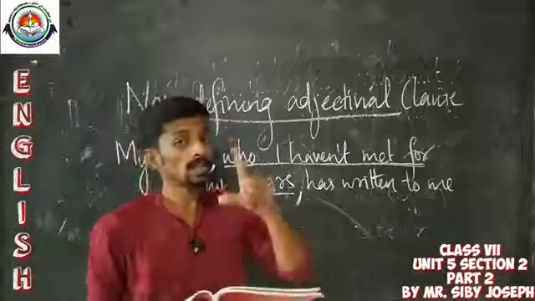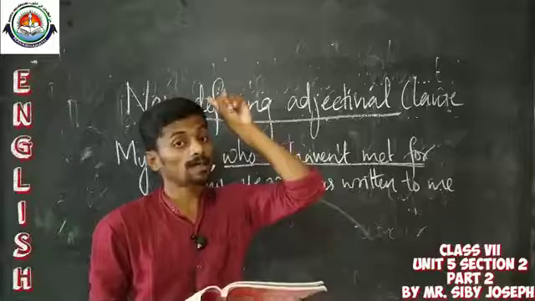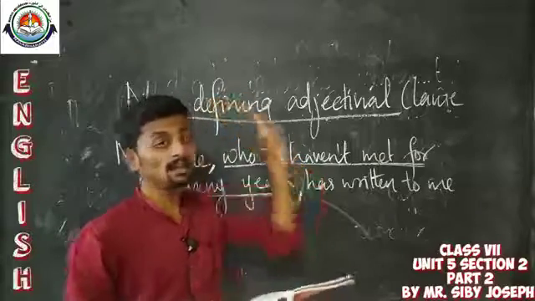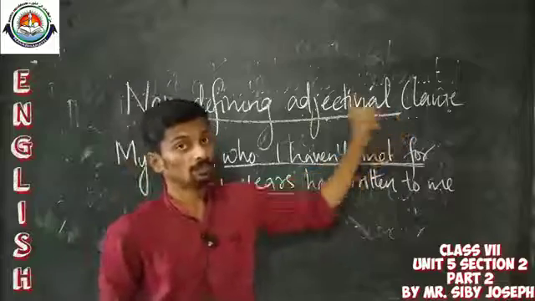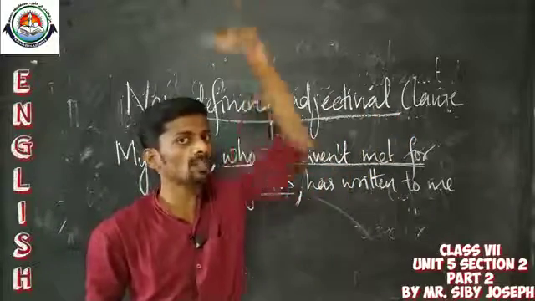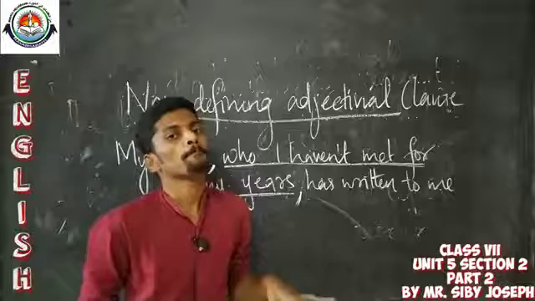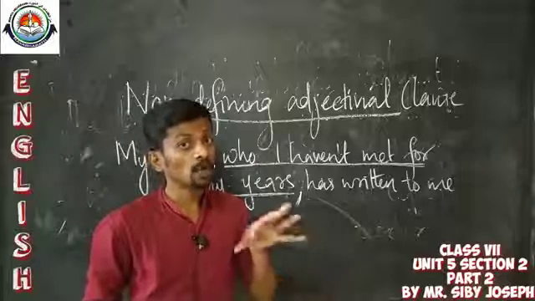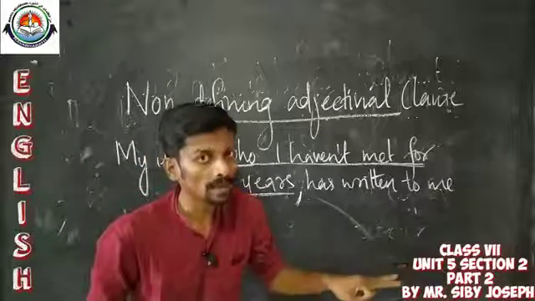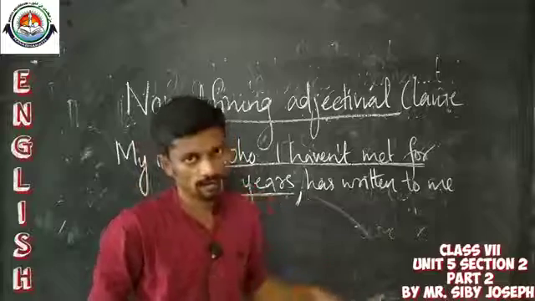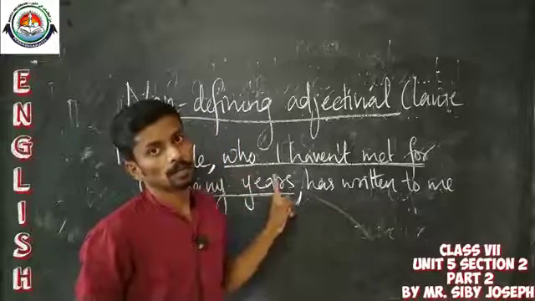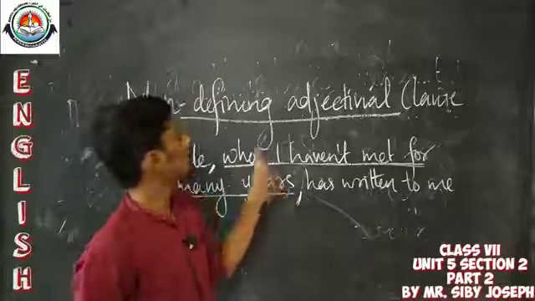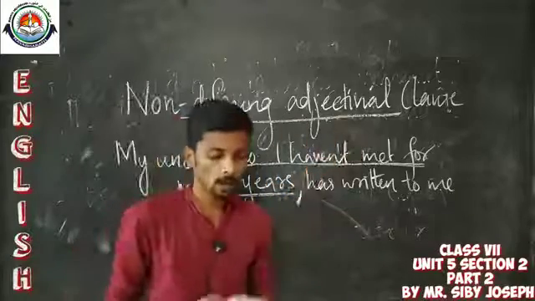That is the thing which we learned in the last class. If there is a non-defining adjectival clause, it should be introduced by what? It should be introduced by a relative pronoun. A relative pronoun should not be omitted or avoided if it is a non-defining adjectival clause.